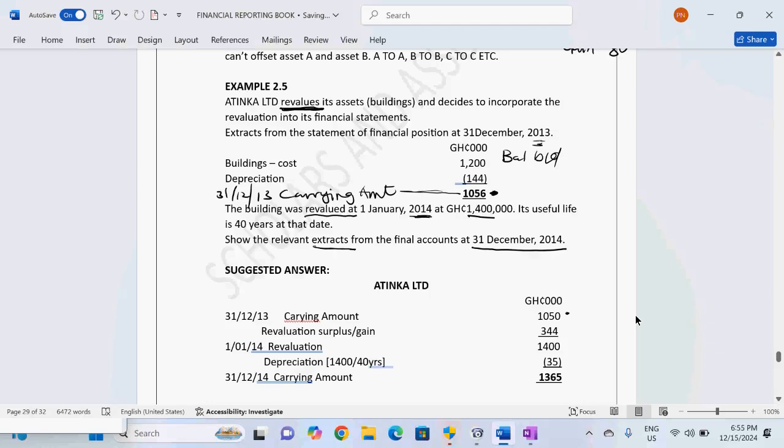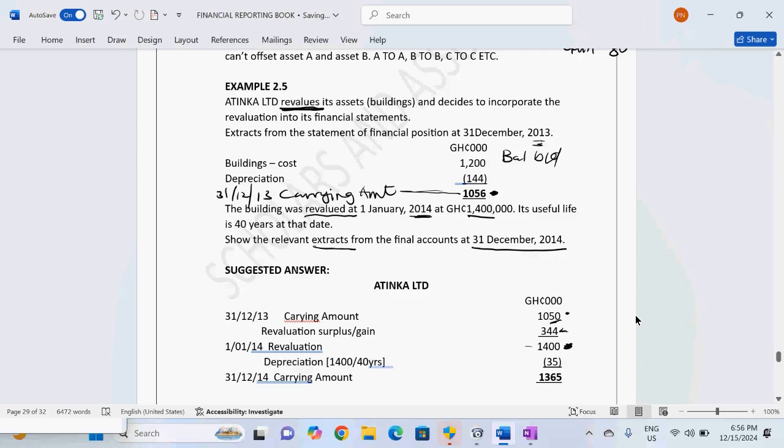Because the amount in our books is 1,056. We called an expert to come and revalue this for us, and he is saying it will be sold at 1,400. It means we are getting a revaluation gain. So the gain plus the carrying amount will give us the revaluation amount.